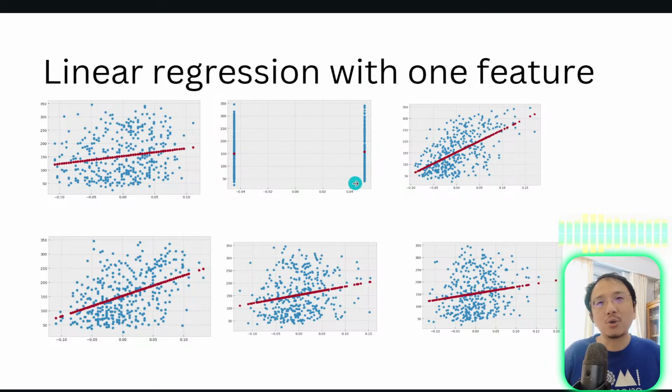The blue dots are ground truths, and they seem very similar no matter what x is, and the mean of them are pretty similar.